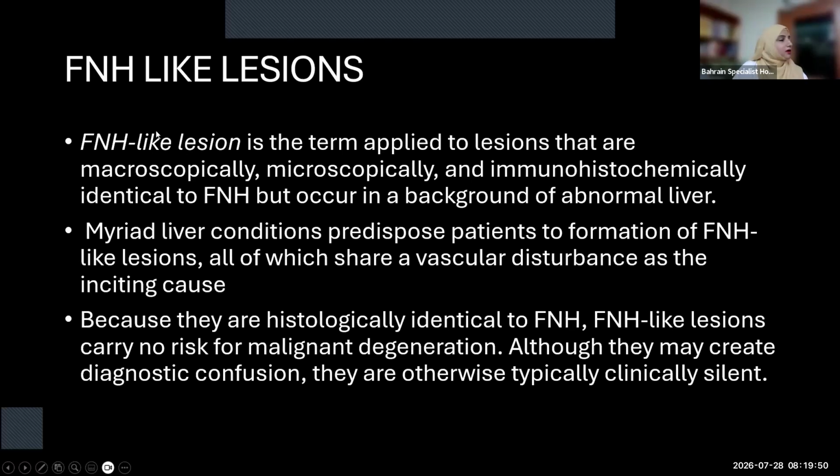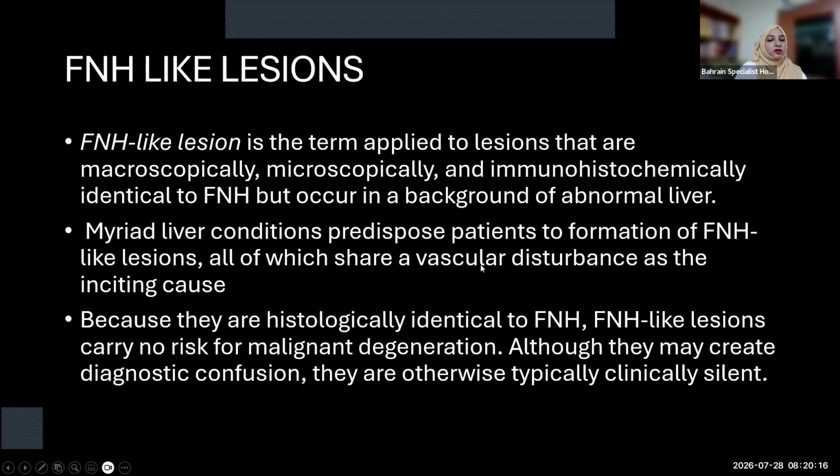Now we come to the controversy, which is the FNH-like lesions. FNH-like lesions is the term applied to lesions that are macroscopically, microscopically, and immunohistochemically identical to FNH, but they occur on a background of abnormal liver. There are many conditions that predispose patients to form these FNH-like lesions, because the underlying liver has a vascular disturbance.